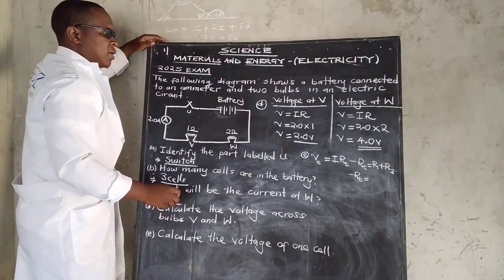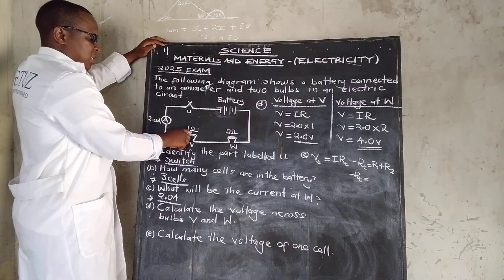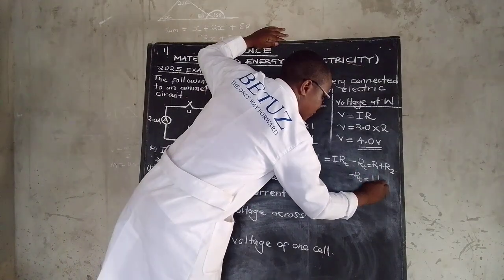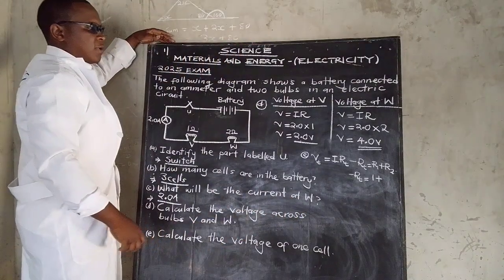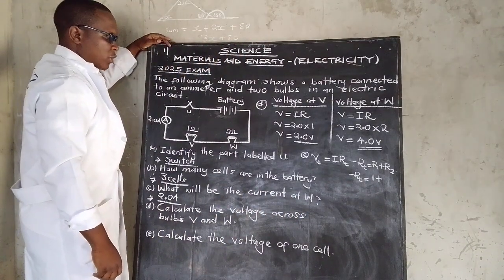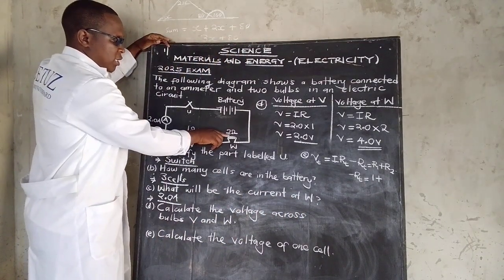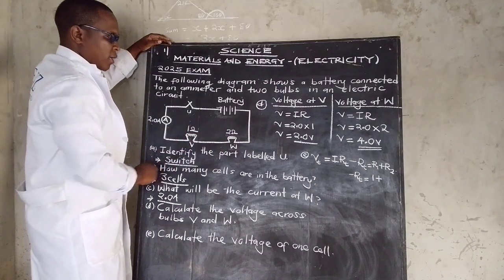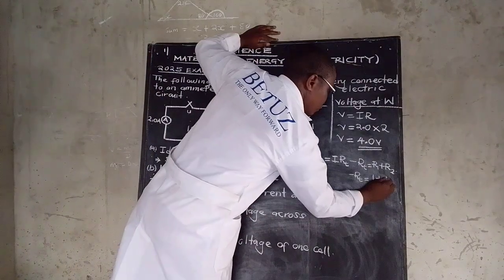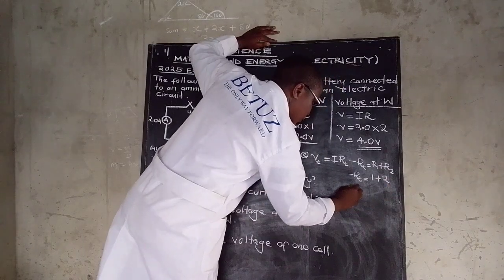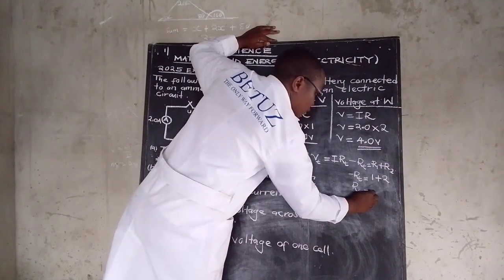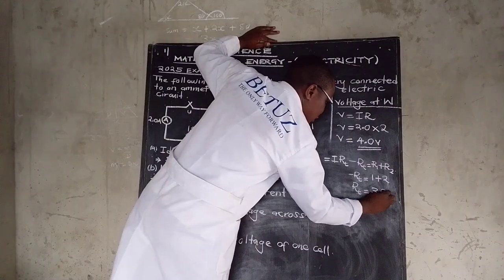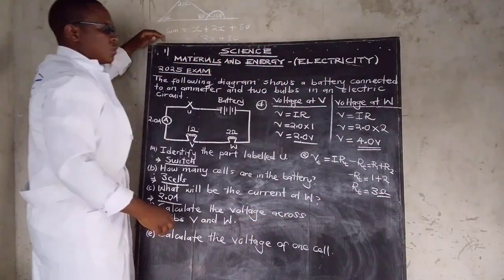We're talking about the resistance at V, which is 1. So we have 1 plus R2, the resistance at W, which is 2. So resistance total is equal to 1 plus 2, we get 3 ohms. This is our total resistance.